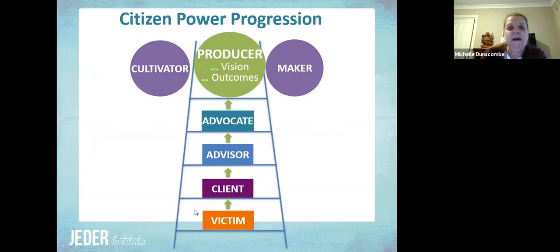And so when I think about ABCD, it's about that power progression from within communities. So moving communities from maybe that sort of victim to client, and powering up the ladder so that communities are actually, as it says there, the cultivators, the producers, the makers of what happens in their communities.